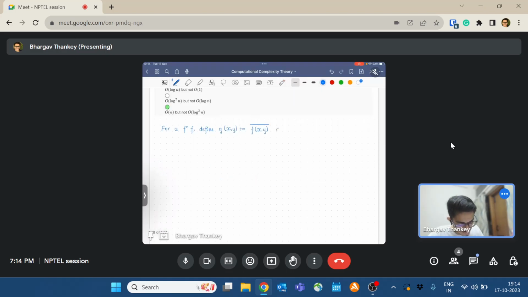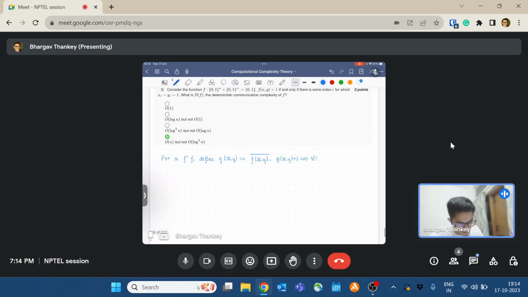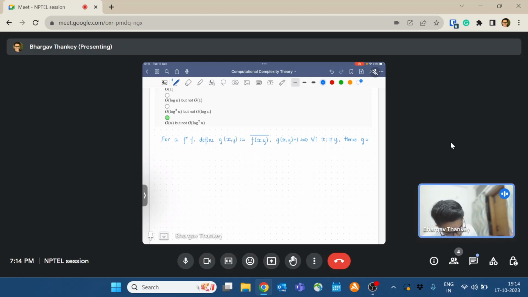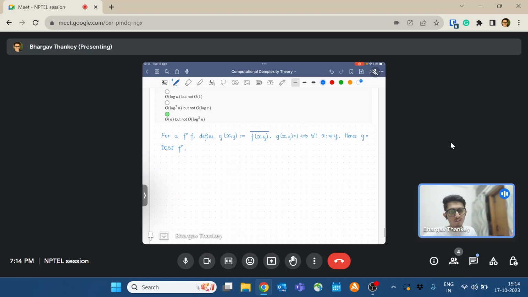Now g(x, y) equals 1 if and only if for all i. So in our case, for the function f that we have, this is 1 if and only if for all i, x_i is not equal to y_i, right? Hence, for us, g is the disjointness function. And what do we know about the disjointness function? We know that its communication complexity is omega n, right?